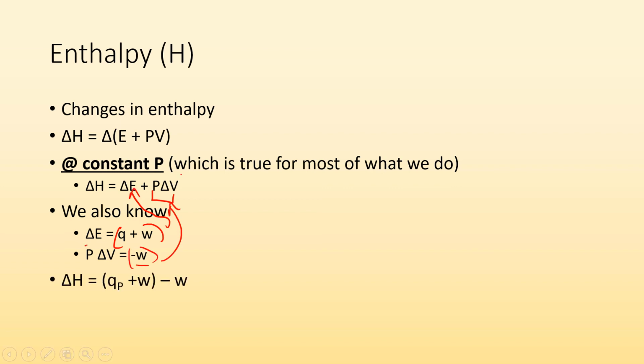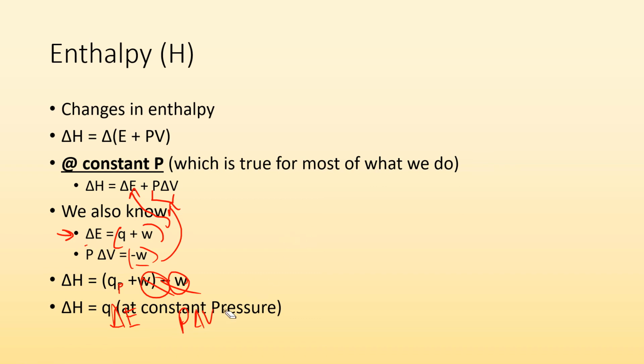Well, we end up with the change in enthalpy equals the heat exchange Q at a constant pressure, which is why there's a subscript P, plus W from the delta E, minus W, which is the P delta V. And then, hey, look what happens to these things. Boop, boop. The W's cancel out. And we're left with the change in enthalpy equals the heat change, but only when we're working at constant pressure.